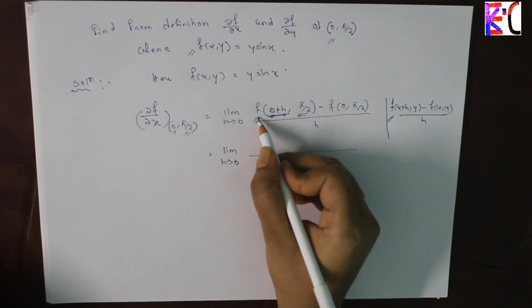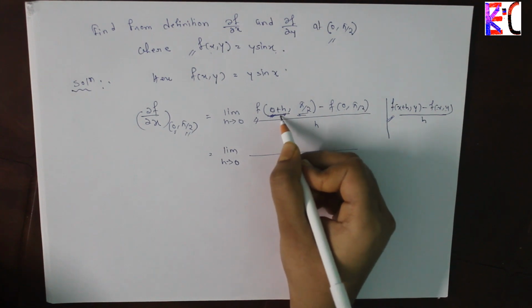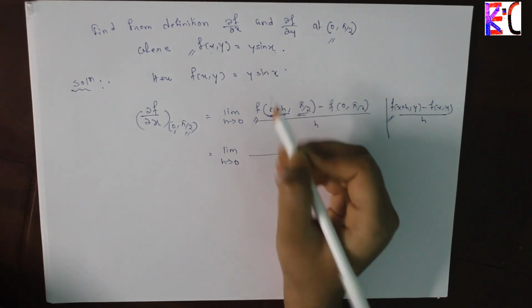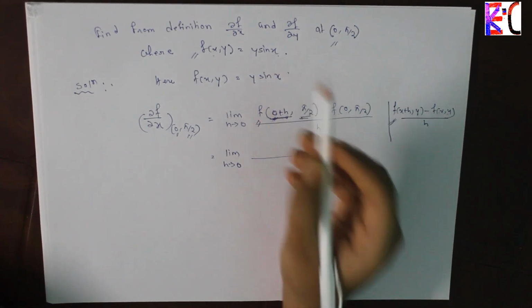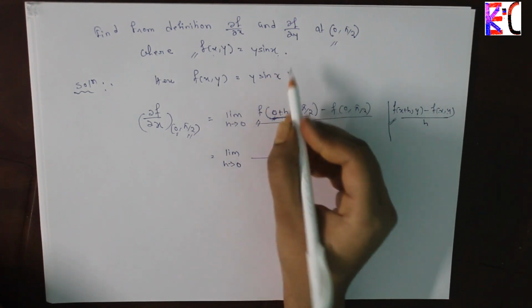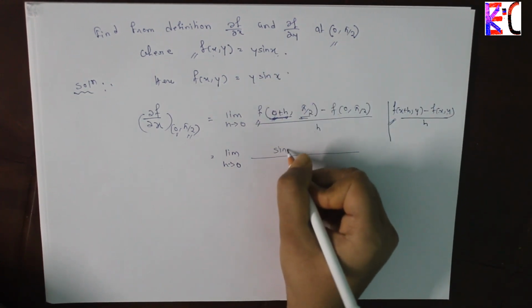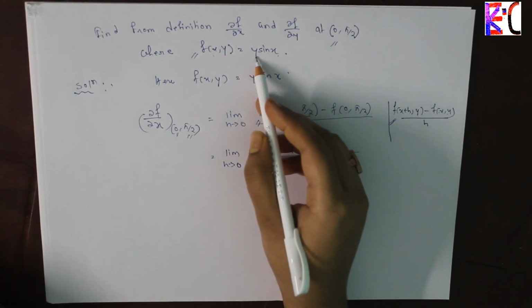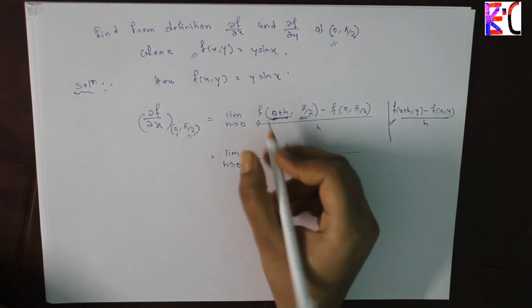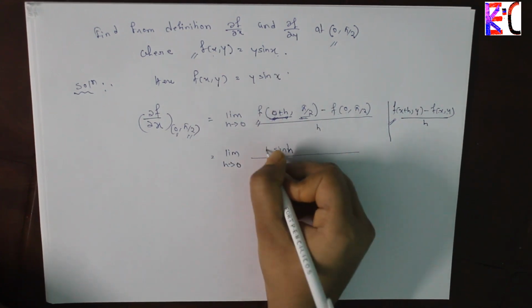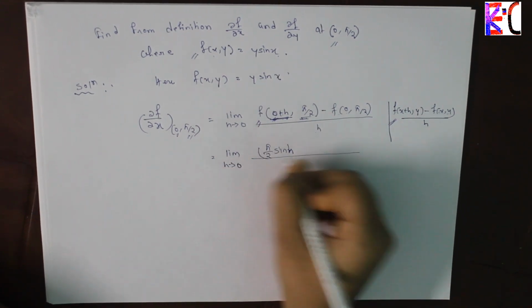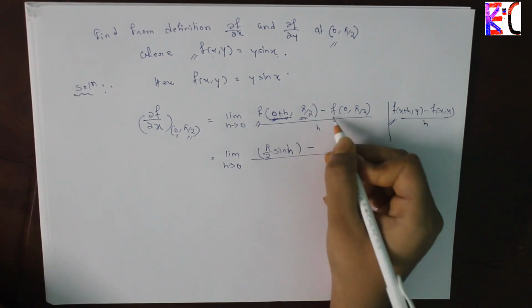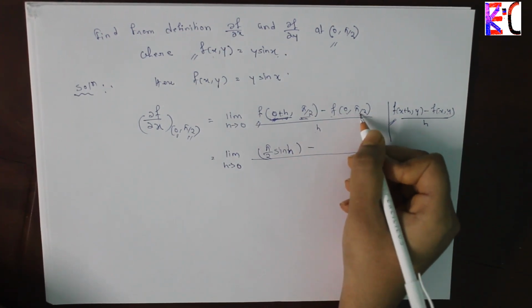That's why f of 0 plus h, putting x here in sin x, is sin h, and y is pi by 2, that is y into pi by 2, minus f of 0, pi by 2.